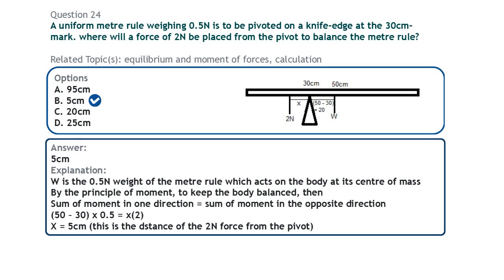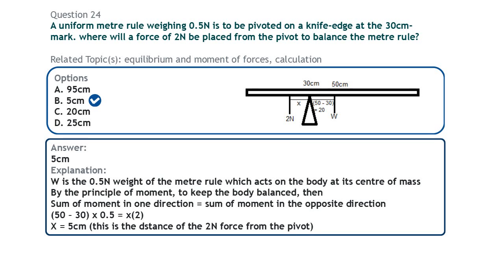We now have this meter rule balanced on a knife edge at the 30 centimeter mark on this meter rule. And a weight of 0.5 Newton is to be pivoted on the knife edge at the 30 centimeter mark.